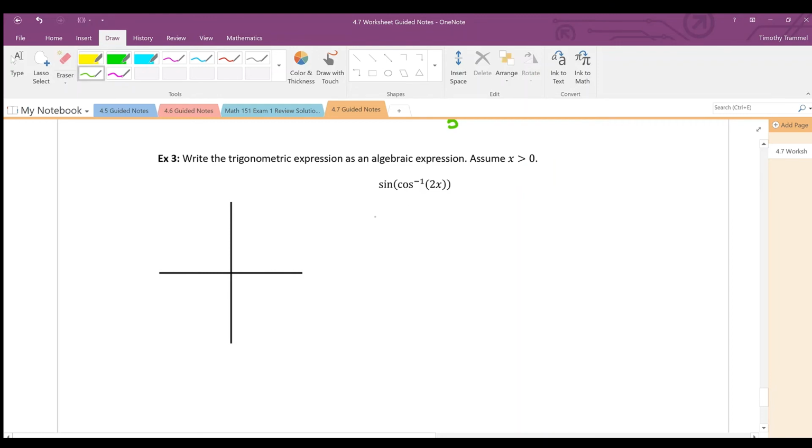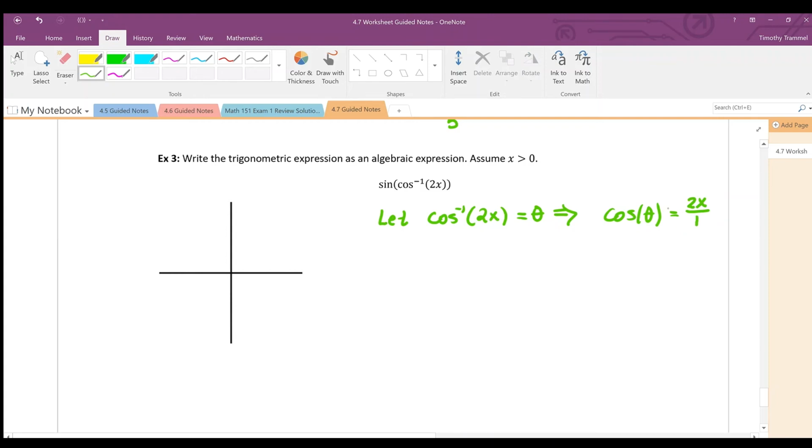But we can still start off in the same fashion. Let cosine inverse of 2x equal theta. Then that tells you that cosine of theta is equal to 2x. But now, I want to use the fact that cosine of theta is adjacent over hypotenuse. So why don't we just write it as 2x over 1?